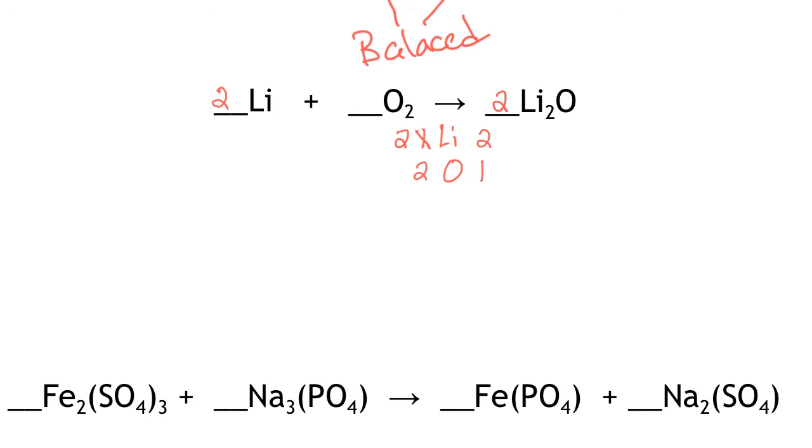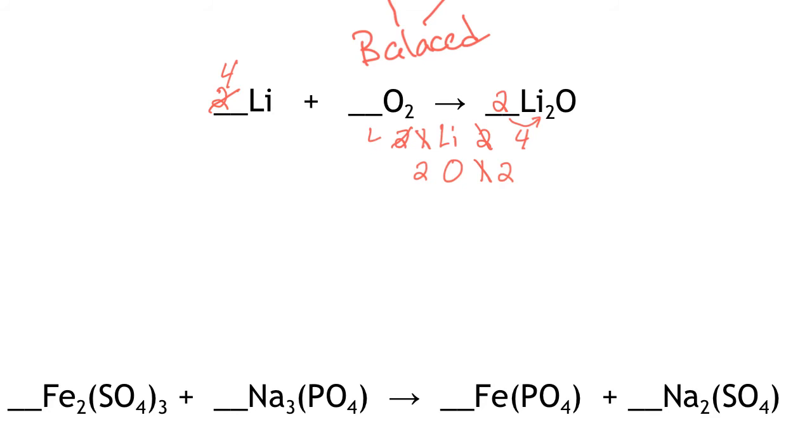Now I'm going to update my totals for both of them. I now have 2 oxygen. My total for lithium has changed though. 2 times 2 is going to be 4. So I'm no longer balanced for the lithium. I'm going to come back to the reactant side, and in order for me to have 4 lithium, I've got to update this to 4.